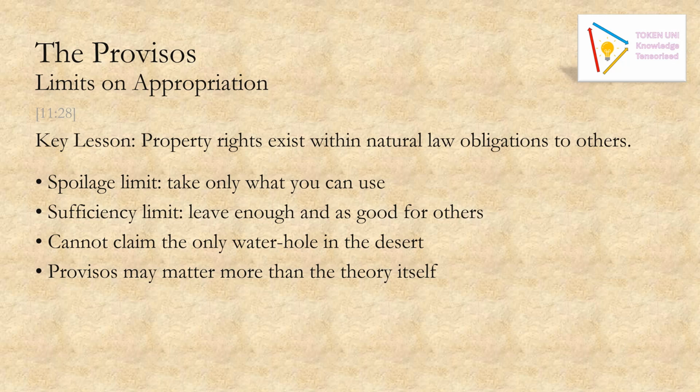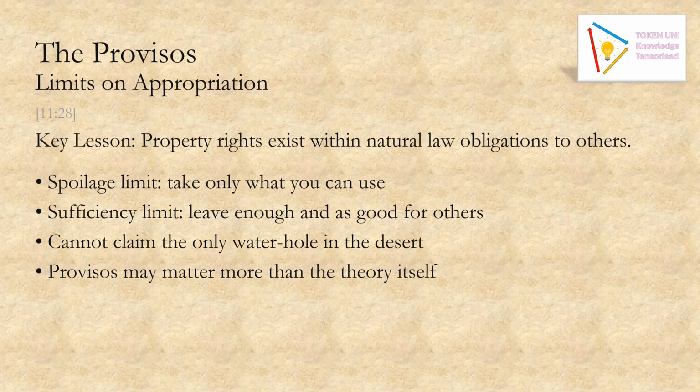Second, the sufficiency limit, the famous "enough and as good" proviso. Your appropriation is legitimate only if there is enough and as good left for others. You cannot claim the only waterhole in the desert and let everyone else die of thirst.